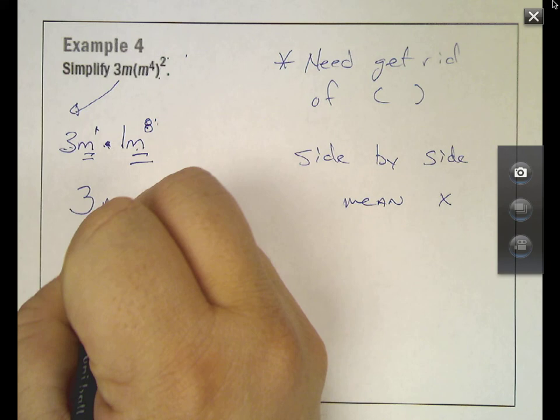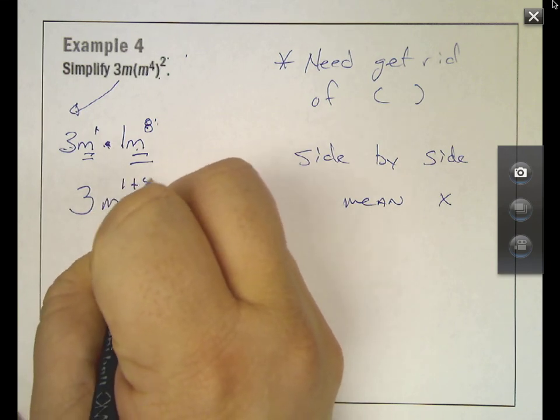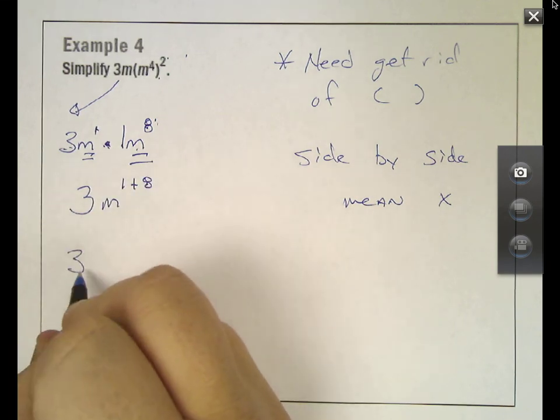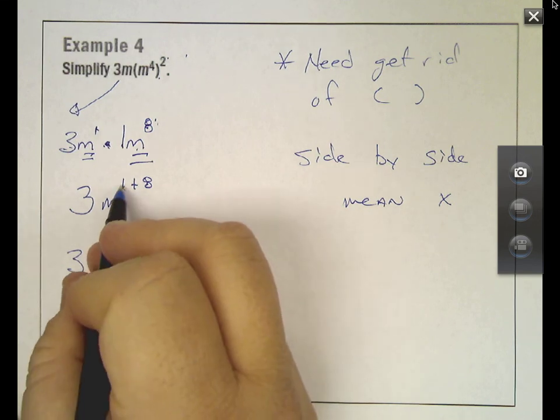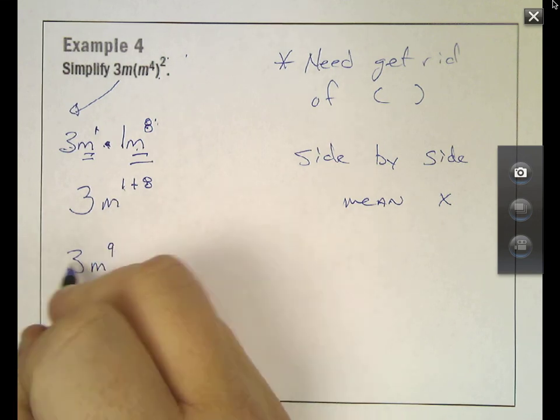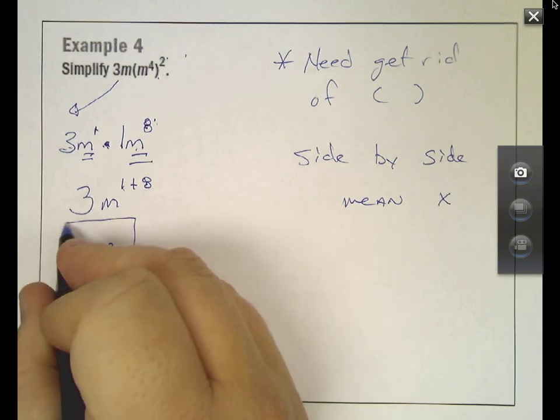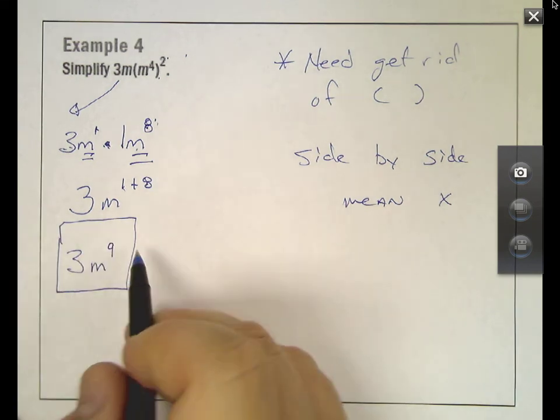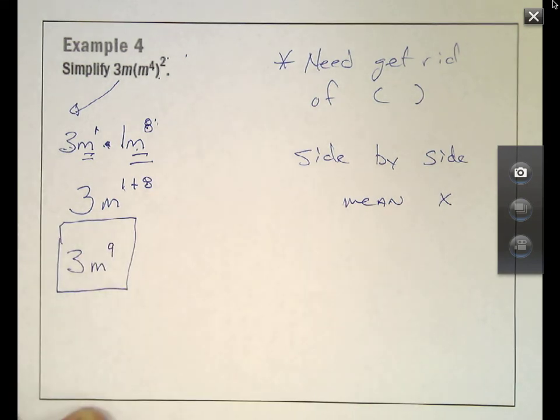M to the 1st times m to the 8th gives me m to the 1 plus 8, which gives me 3m to the 1 plus 8, which is 9. And now you have what is called simplified.